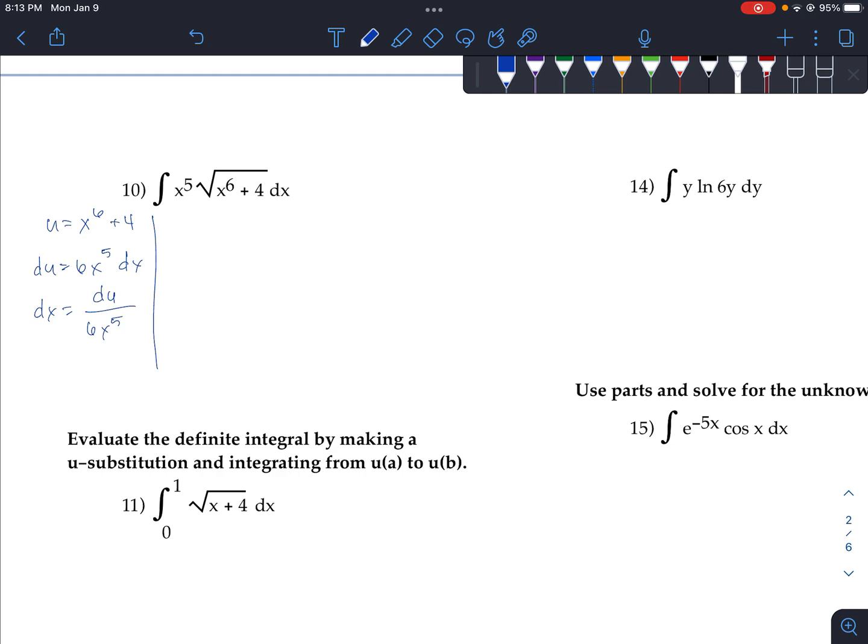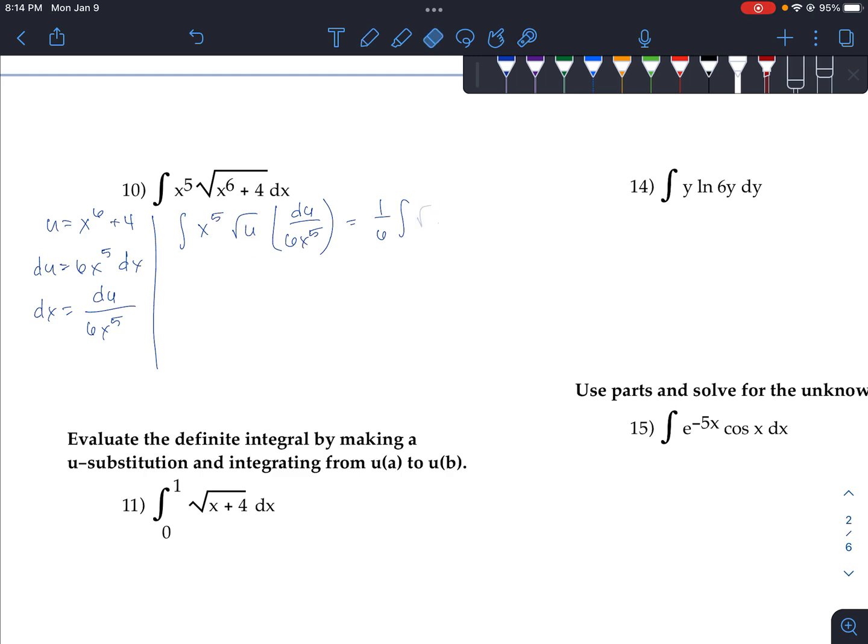Okay, so I have the integral of x to the 5th square root of u times du divided by 6x to the 5th. I'm going to kick this 1/6 out to the front, so I'll have 1 over 6 integral, and the x to the 5th here cancels with the x to the 5th there, leaving me with the square root of u.